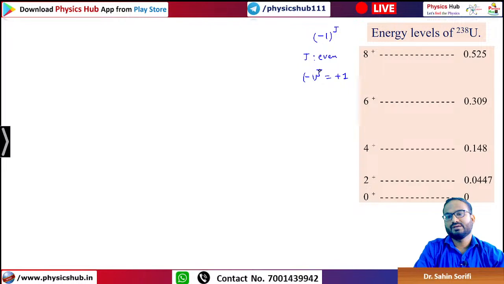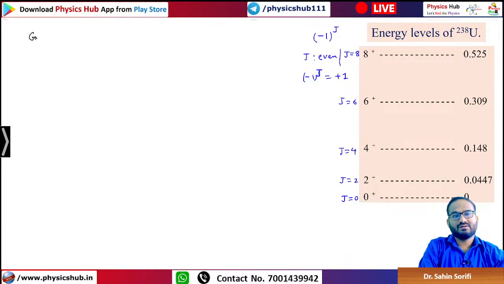So that is why we get 0 plus, 2 plus, 4 plus, 6 plus, 8 plus. Now, even values of spin 0, 2, 4, 6, 8. So these are the j values. J equals 0 here, j equals 2 here, j equals 4 here, j equals 6 here and j equals 8 here.